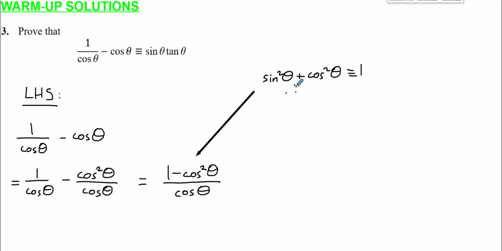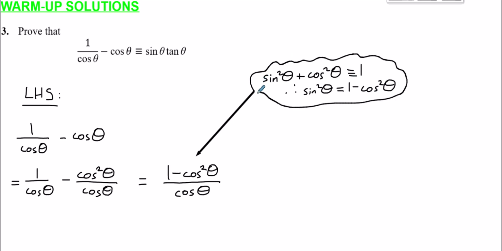Therefore, if we subtract cos squared from both sides, we see that sine squared theta will be the same as 1 minus cos squared theta. And so we can replace the 1 minus cos squared theta with sine squared theta.